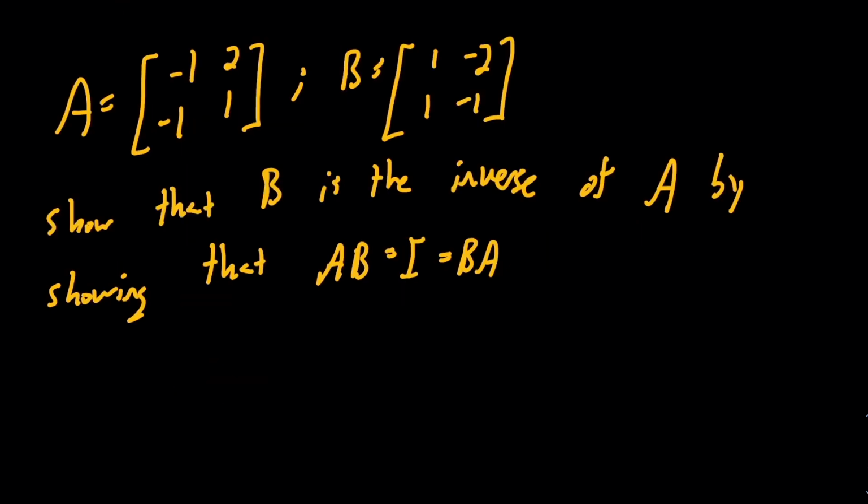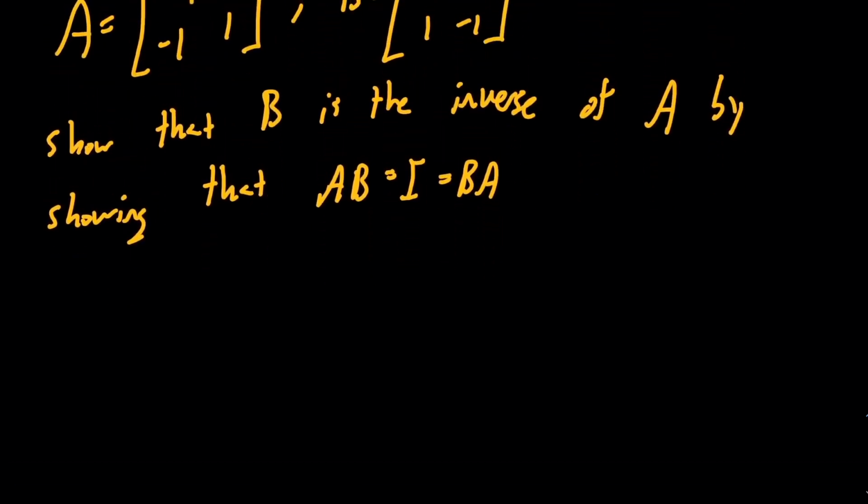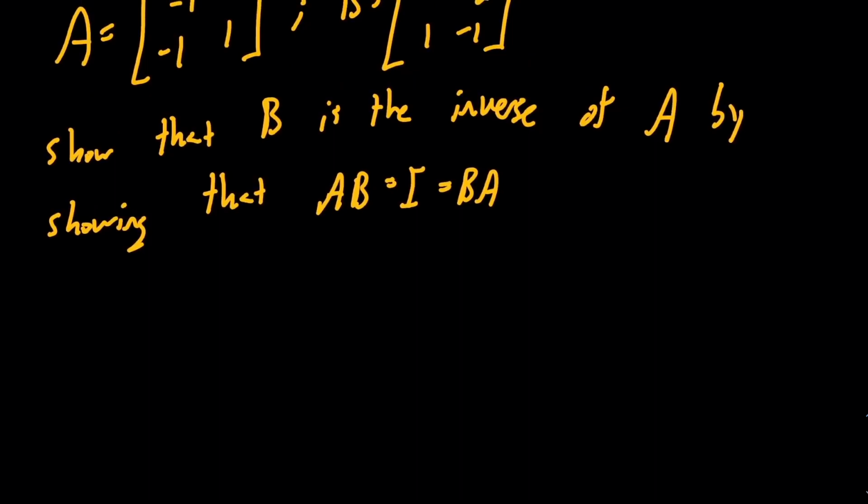So in this first example, we're given two matrices, A and B. And we have to show that B is the inverse of A, and by doing so, we're going to use the equation AB is equal to the identity matrix, which is equal to the other way around. And this can be proven numerically quite easily too.